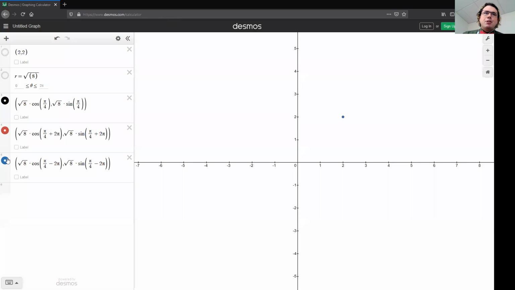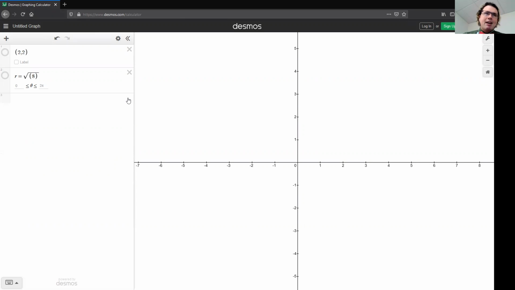But what we want to do is we want to graph curves. We want to have functions. So when we go to graph a single one of these points, we need 2 pieces of information.